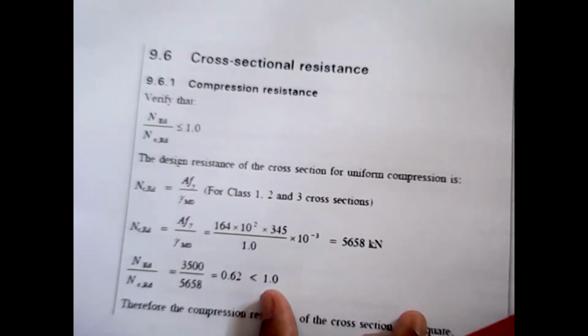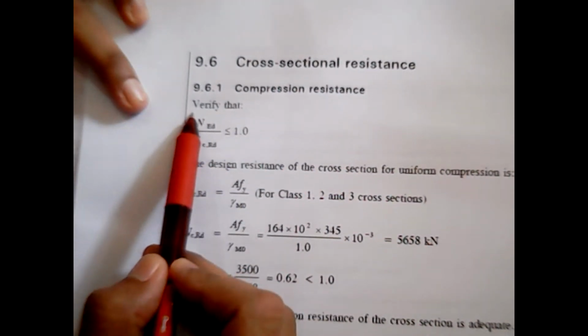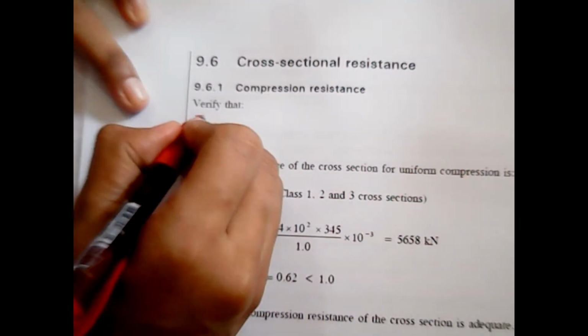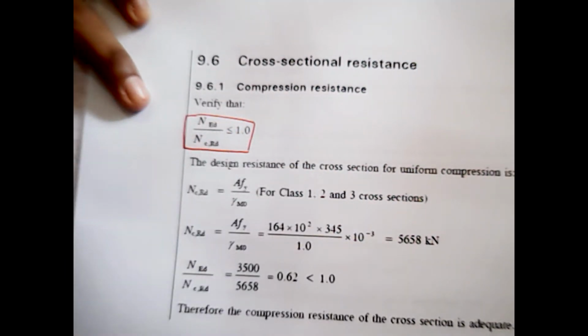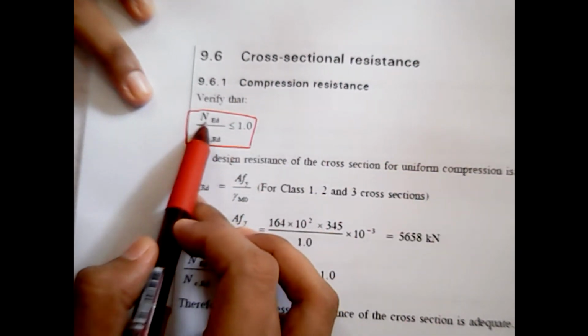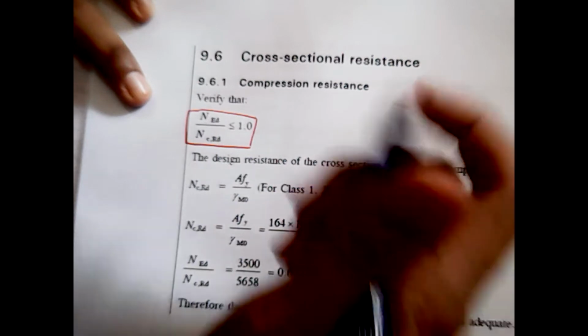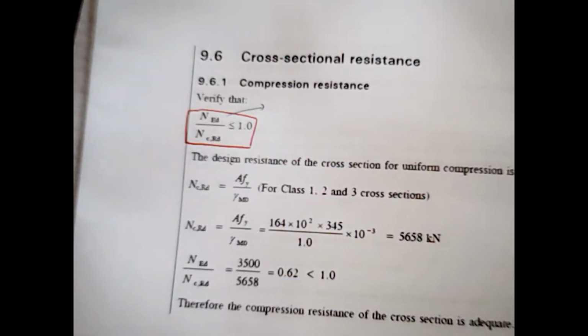Here you need to verify that the cross-sectional resistance of the column you propose fulfills this condition: NED over NCRD must be less than 1. There is no issue finding NED, because you already know it.